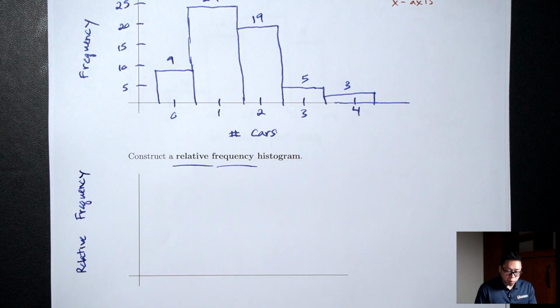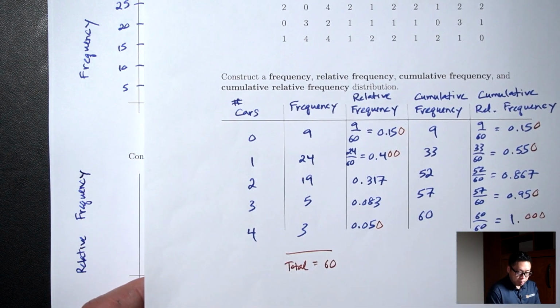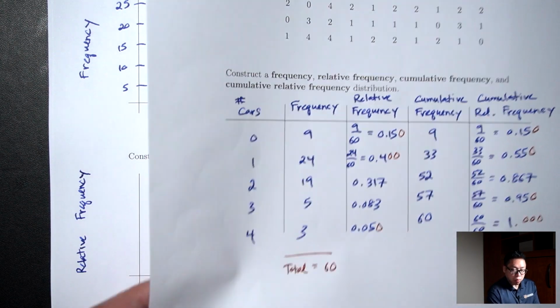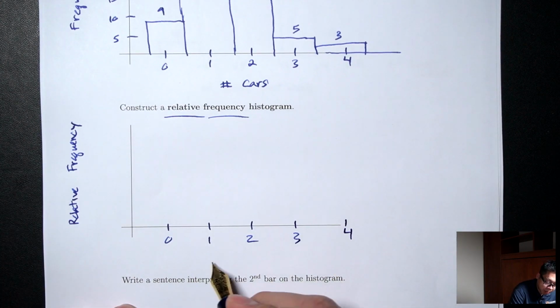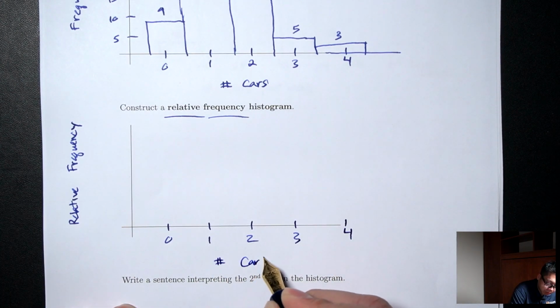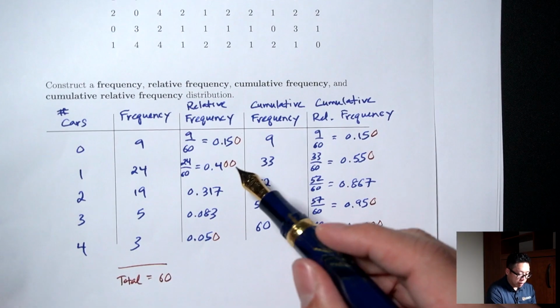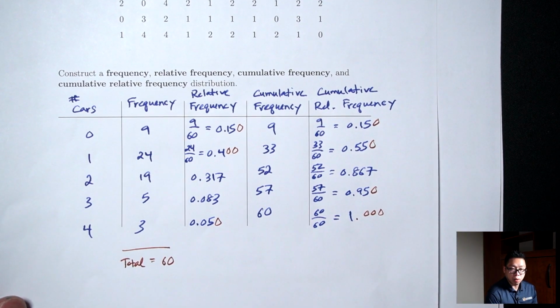Okay, we're in situation 1 here, so we're talking about these cars. You can list out all possible values, so we're going to list them on the x-axis. 0, 1, 2, 3, 4. I'm going to title the x-axis. These represent number of cars. Relative frequency. These are my decimals here, 0.150, 0.400, 0.317, and so on.